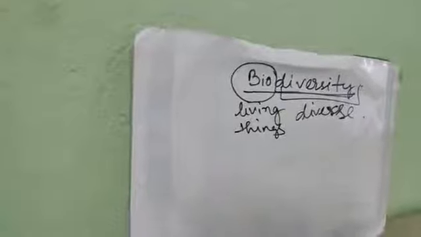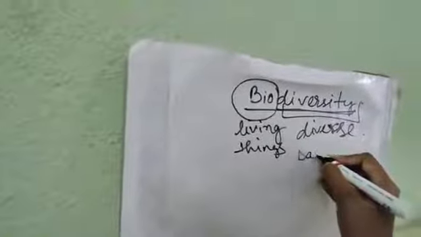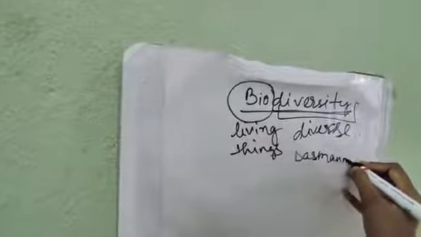So this is termed as biodiversity, or the actual name is biological diversity. Okay, this word was first used by Dasman. Now later, who actually coined or modified the term? Rosen. Okay, so this is about biodiversity.